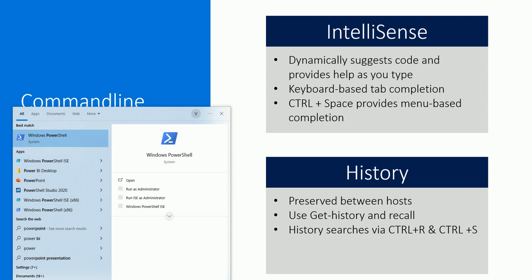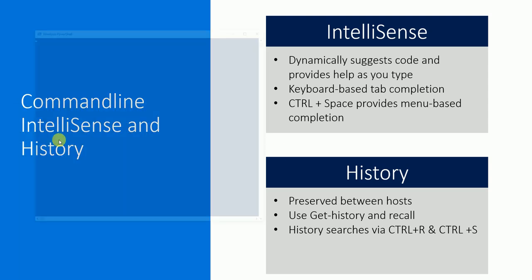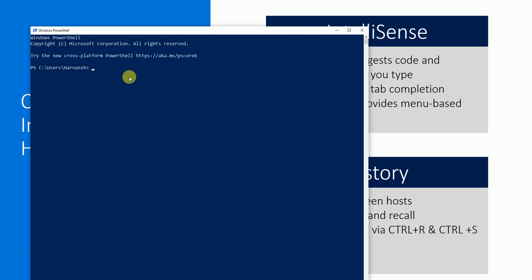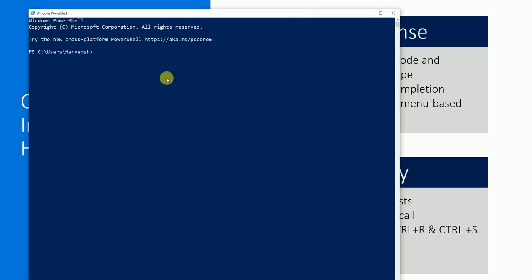So if you open PowerShell here, this is how IntelliSense will work. Just type any command, Get hyphen, and the suggestion should come automatically.